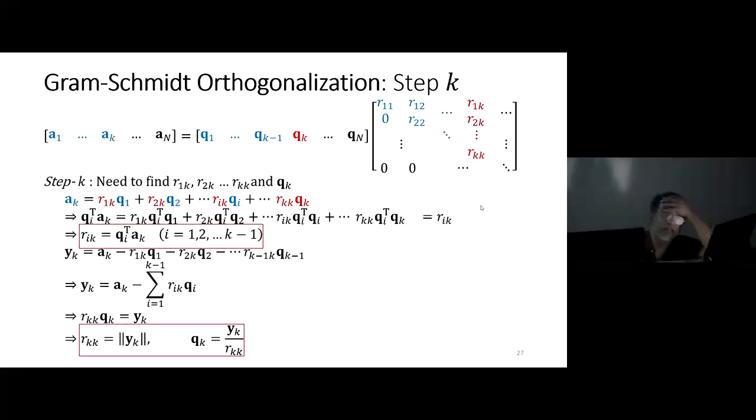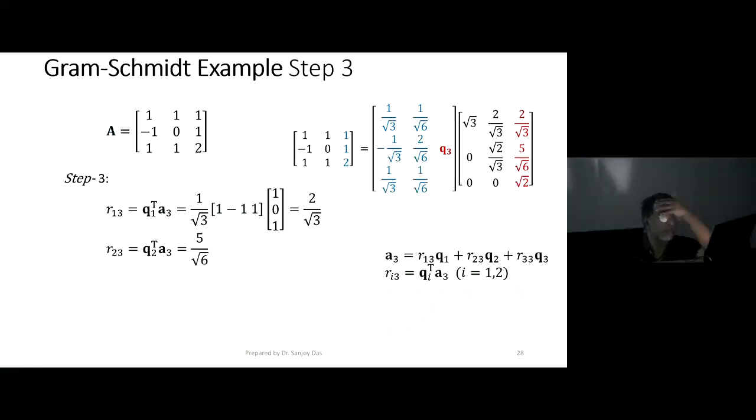This is my kth step. And this is what the third step, k being 3, looks like in my example. So I have to find Q3, and these are to be found out, and these are the expressions. You can follow it and you'll see.